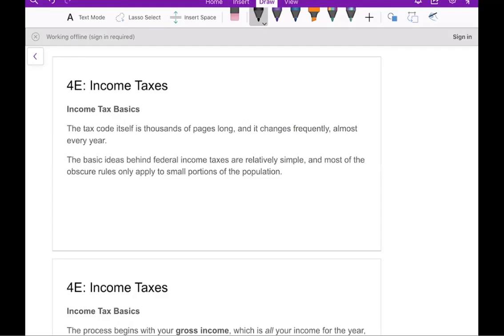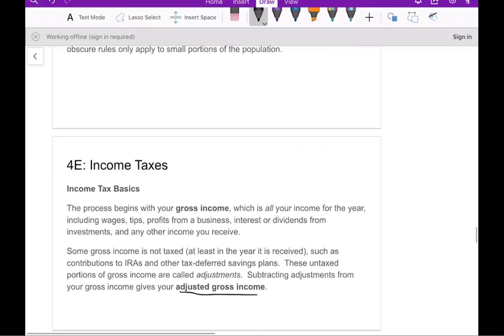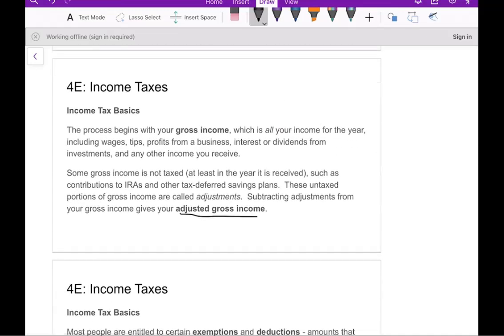For the most part, we can talk about summarizing principles behind the income taxes. Now, the first thing that happens is that you take a look at your gross income, which is all your income for the year. So that would include wages, tips, or profits from a business, interest or dividends from any investments that you might have, and then any other income that you may receive.